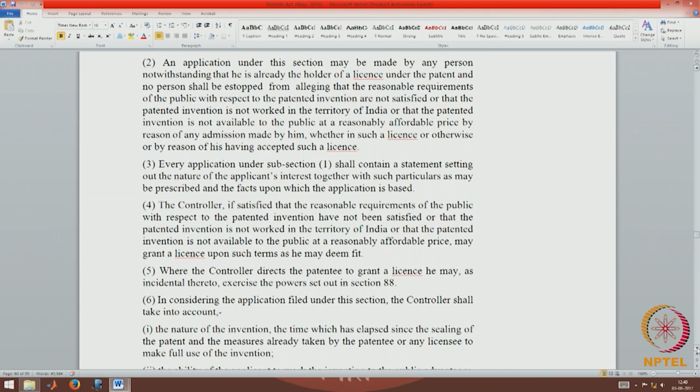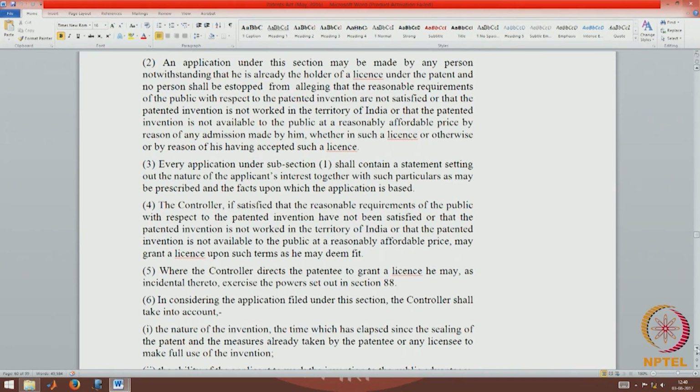And the reason a person accepts a license again will not be a ground for precluding him from making an application. So, from this we understand that an application for a compulsory license can be made even if you hold a voluntary license.